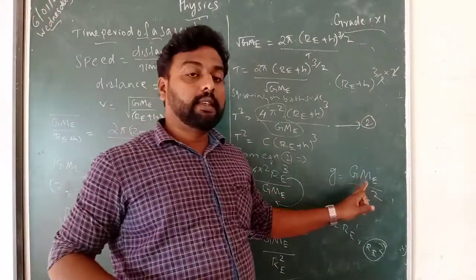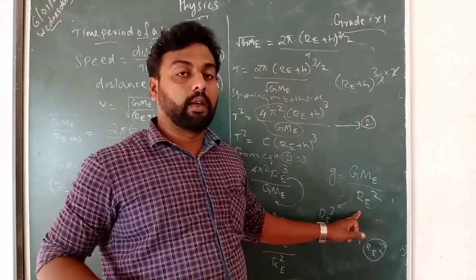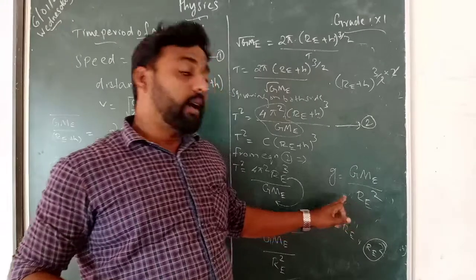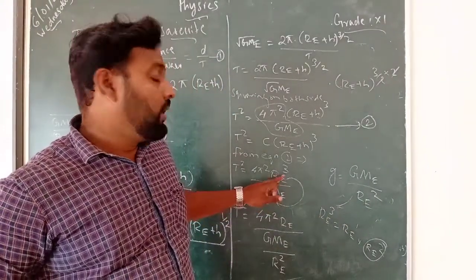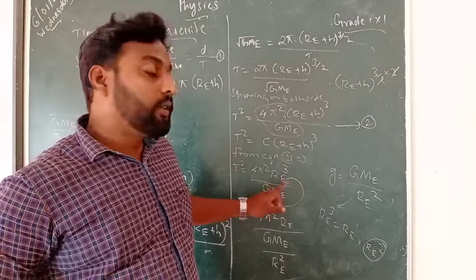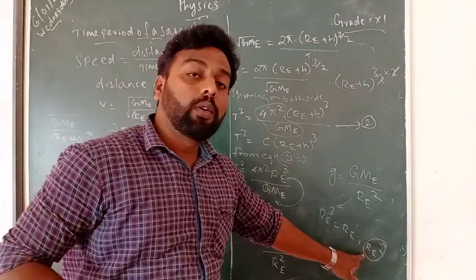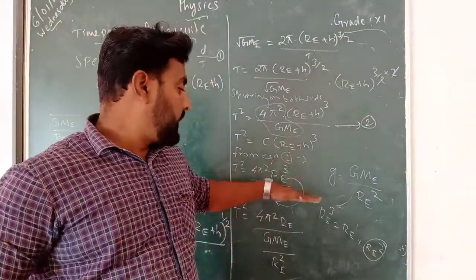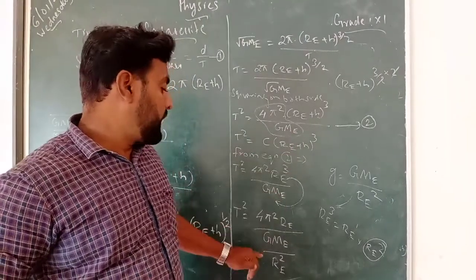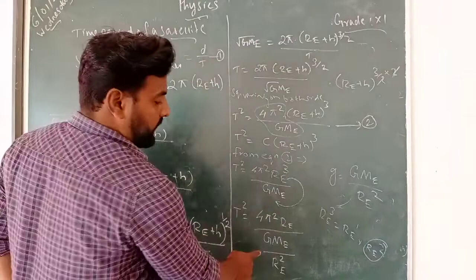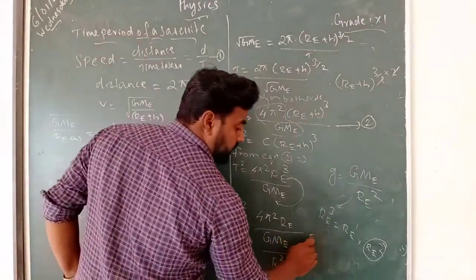We need GM_E by R_E square. Here R_E cube is there. We have just split this into R_E into R_E square. That square we are taking down to this GM_E. So it becomes g.